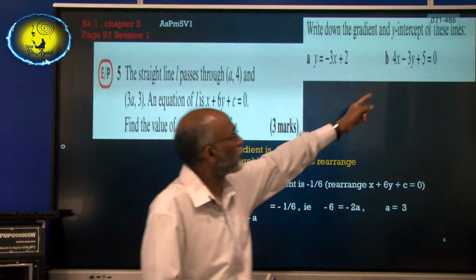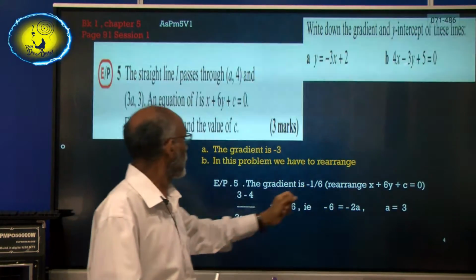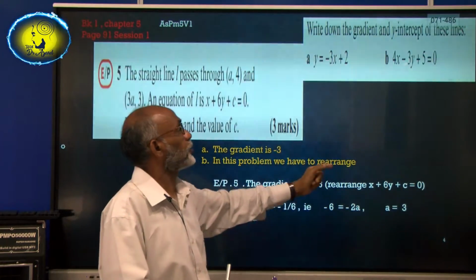In the case of B, in this problem we have to rearrange.